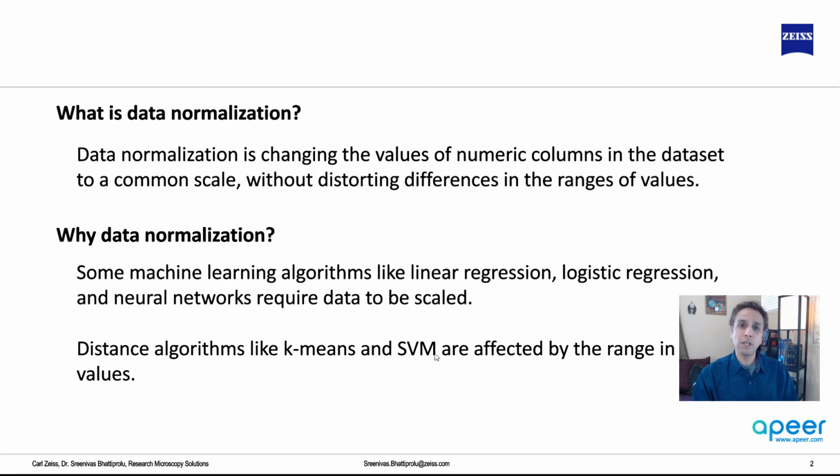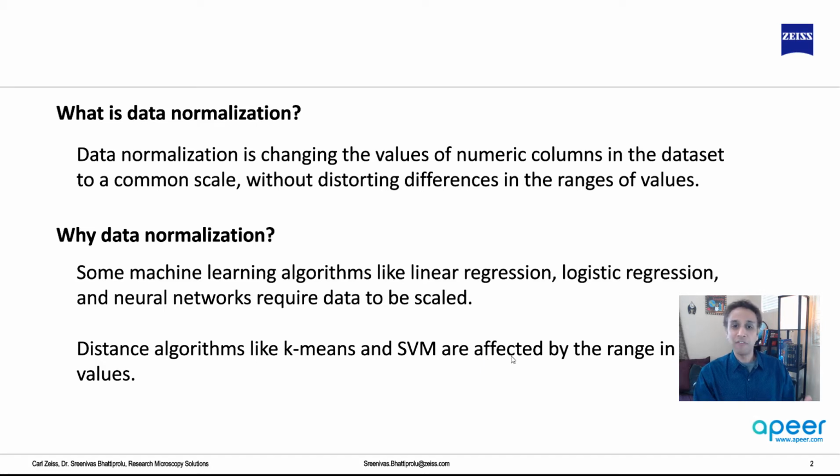If you don't know what these are, please do not worry. The next few tutorials lay the foundation for us to slowly go through one concept at a time, so we learn how to code these in Python. Algorithms like k-means and support vector machines, we'll talk about these later on. They're also affected by the range in feature values.